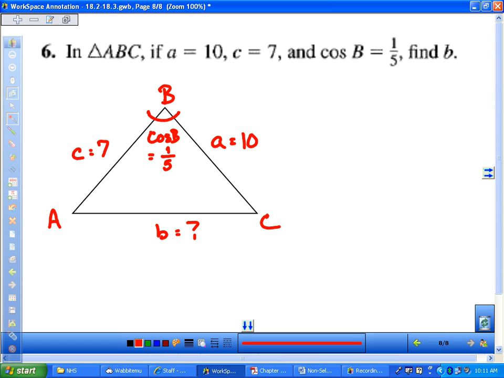So do we have the side angle side set up? Yes. Do we now have a well-labeled diagram? Yes. So what will be the formula for law of cosines to find side B squared for me then?